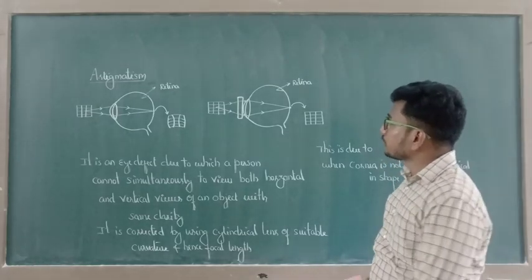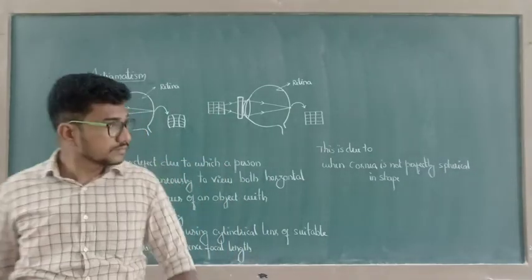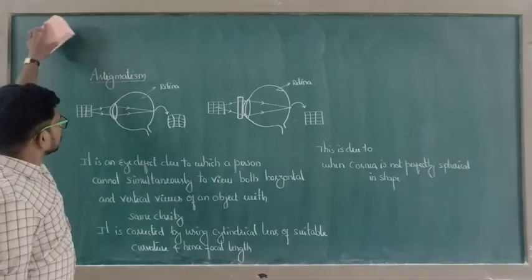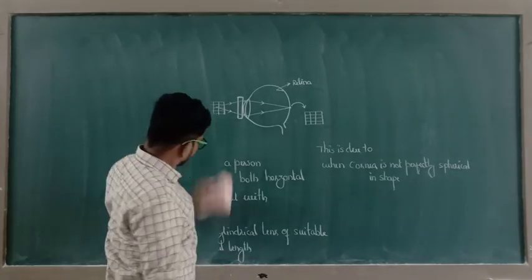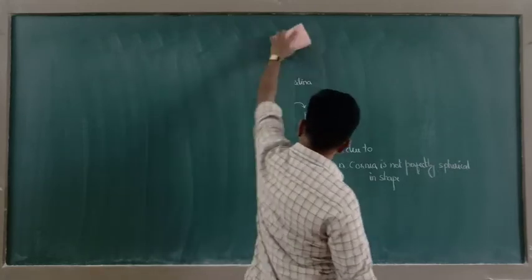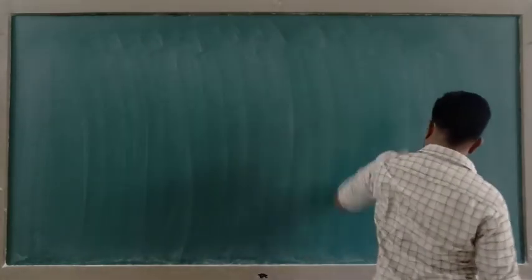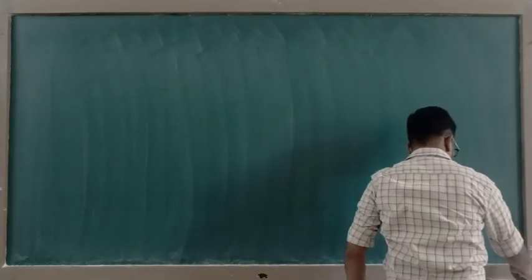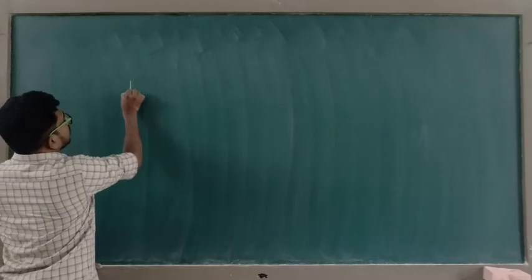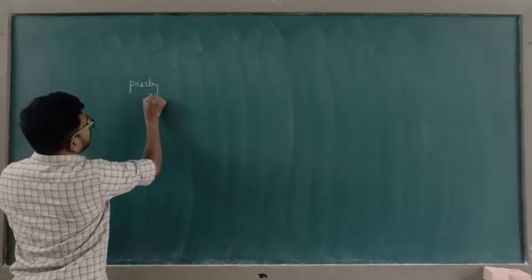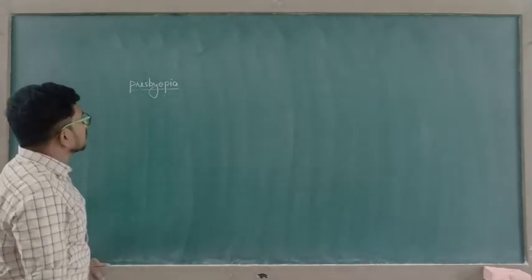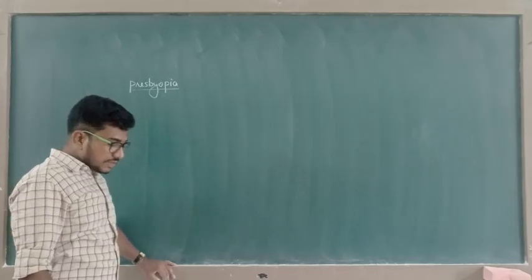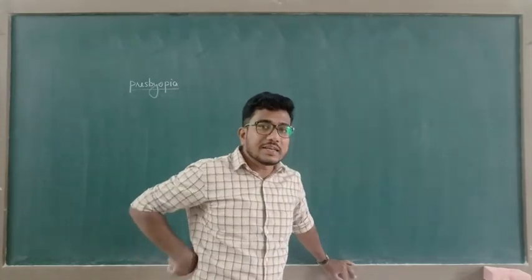Next one, presbyopia. Presbyopia is actually hypermetropia in an elderly person.